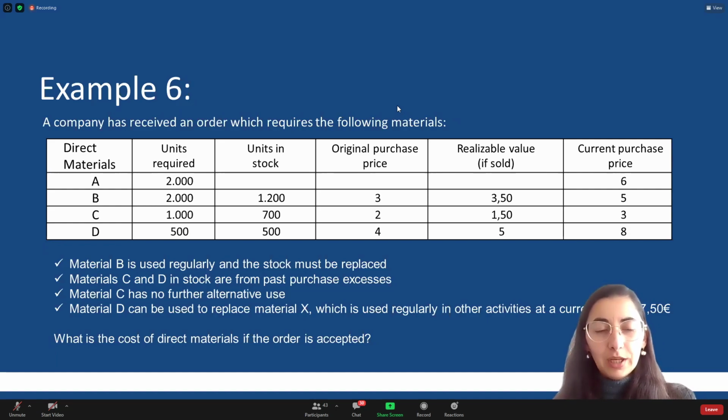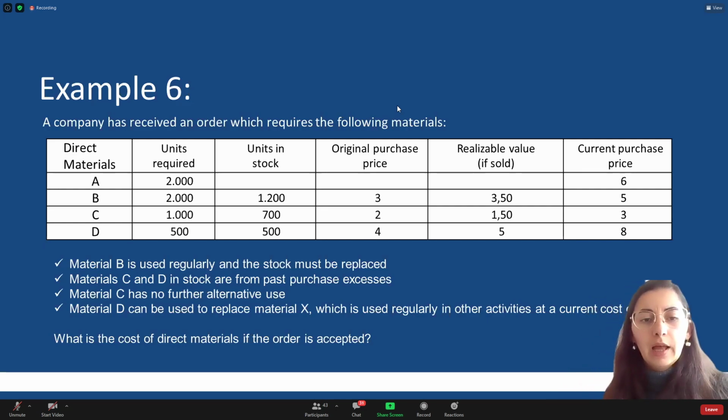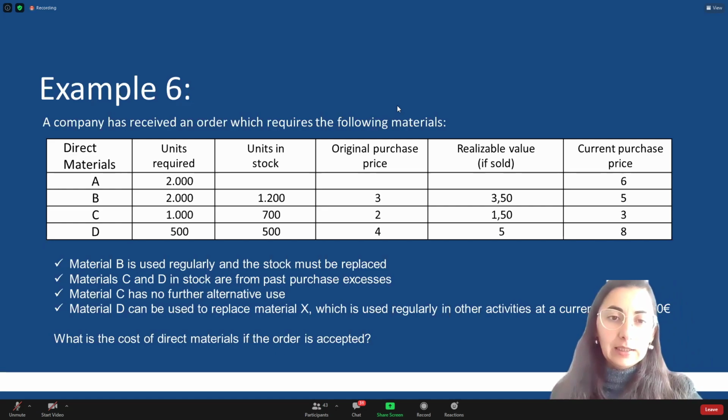So for the 300 that we have to purchase at 3 euros, let's see now about the 700, what they say about it. They say that material C has no further alternative use. So it was bought from a past purchase excess and it has no further alternative use.